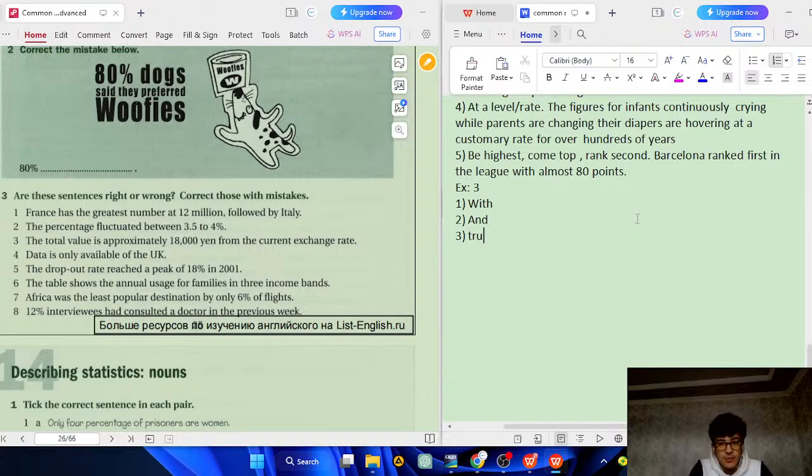What's right? True. Not really sure about that. Data is only available of the UK. So only available for the UK. Dropout rate reached a peak of 18% in 2001. True. The table shows the annual usage of families.